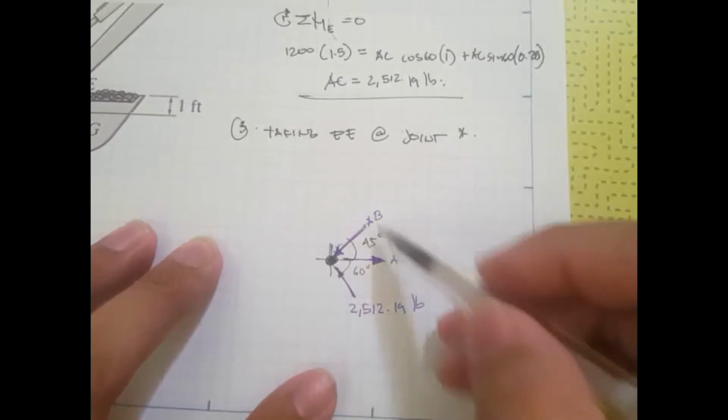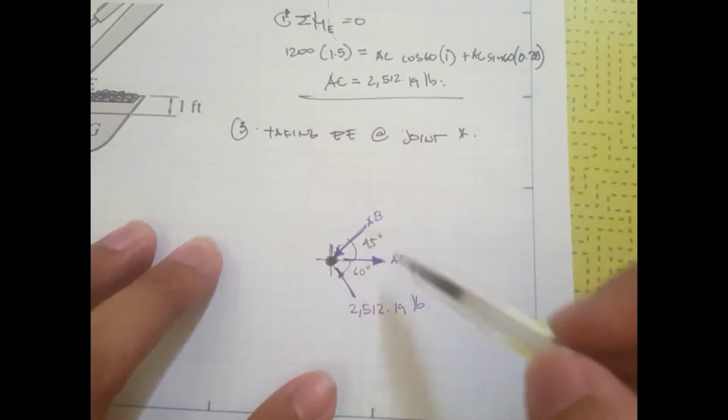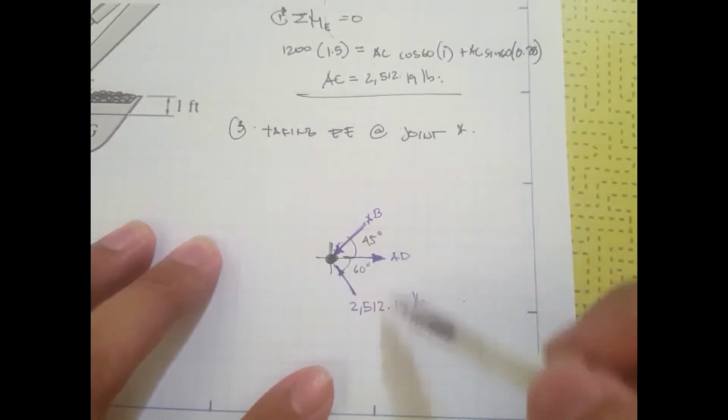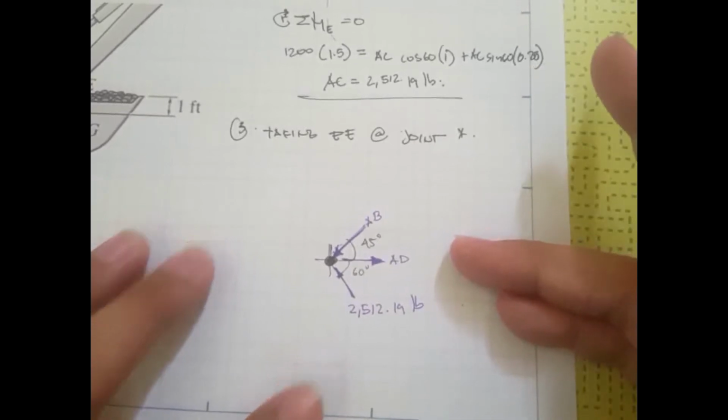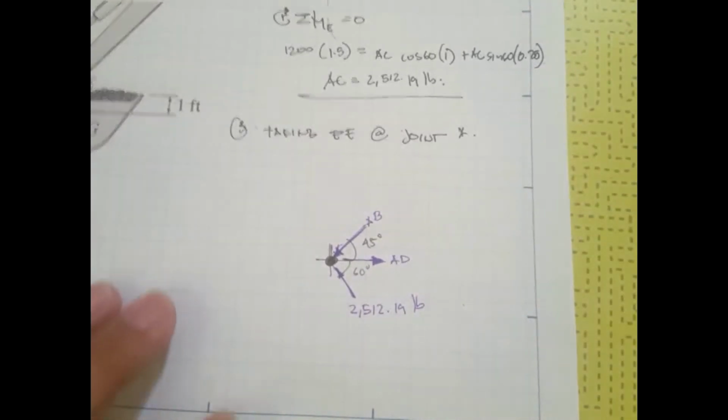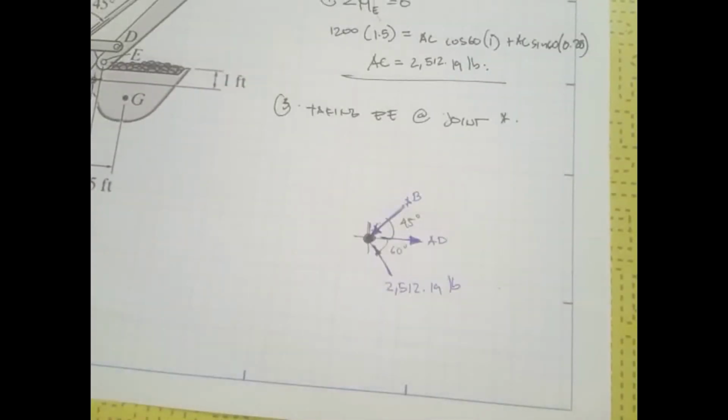So we have two unknowns and we have two equilibrium equations. So we can solve this using summation of forces y and summation of forces x is equal to 0. Okay, so now let's apply the equilibrium equations.